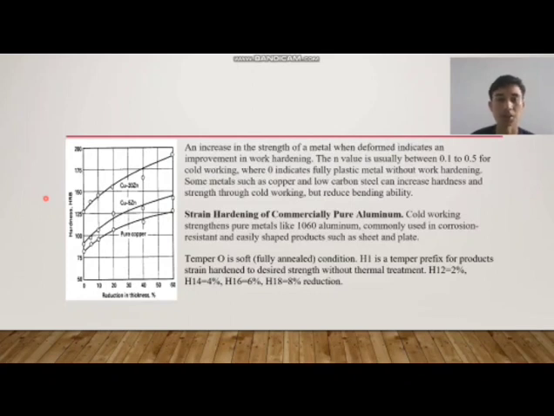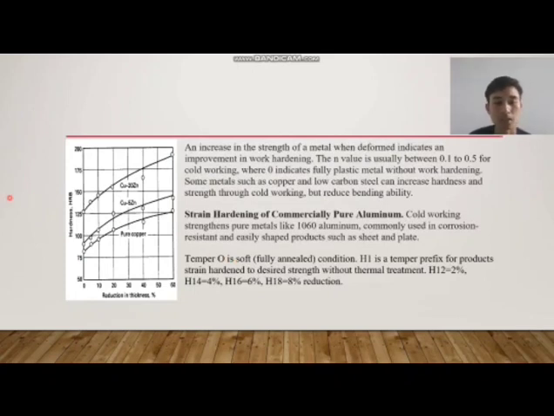Some metals such as copper and low carbon steel can increase hardness and strength through cold working, but reduce bending ability. Strain hardening of commercially pure aluminum. Cold working strengthens pure metals like 1060 aluminum, commonly used in corrosion resistant and easily formed products such as sheet and plate. Temper O is soft, fully annealed condition.